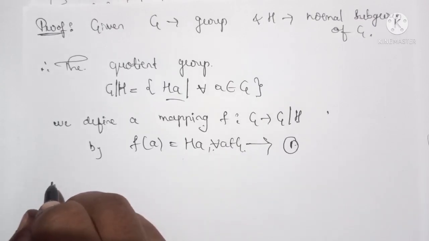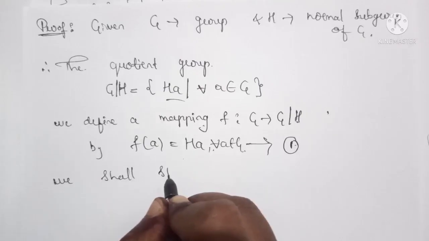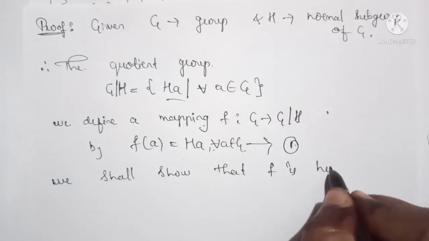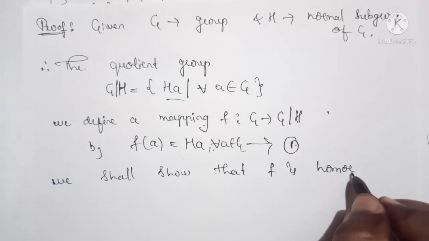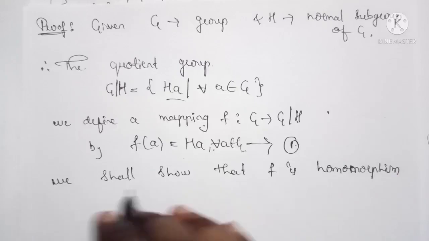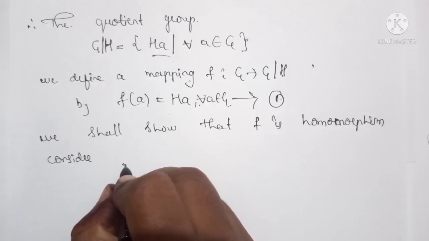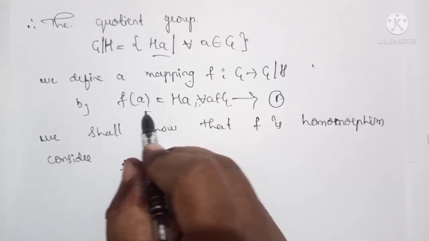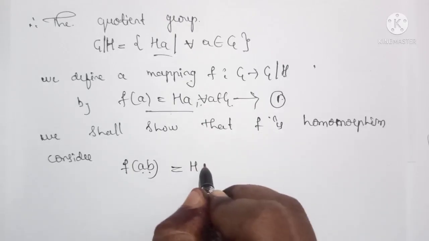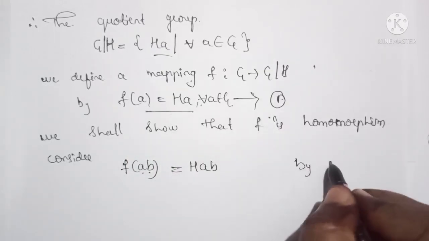Now we shall show that F is a homomorphism. For this, consider F of AB. By the definition in equation 1, F of AB equals HAB, because F of A equals HA.